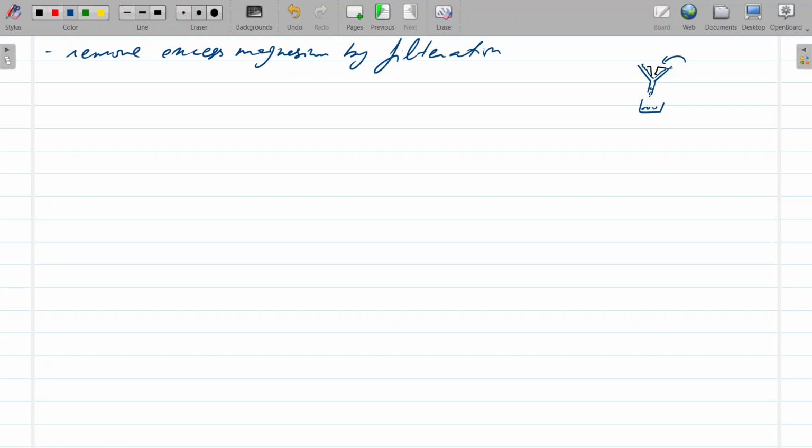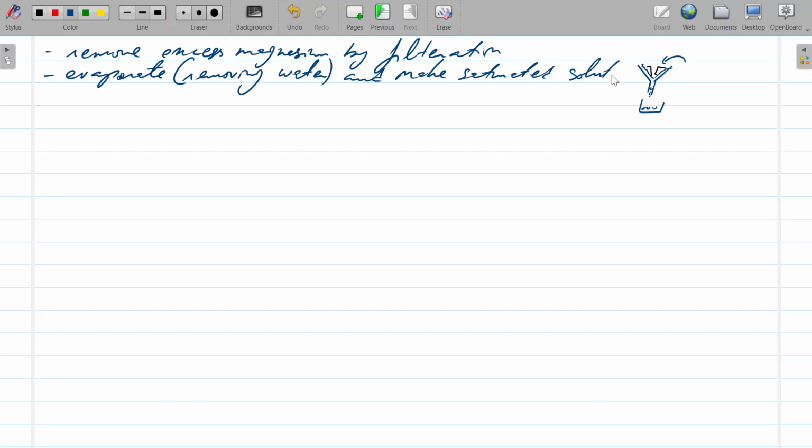So you filter it to remove the excess magnesium, and you evaporate. Basically you are removing the water. Evaporate and concentrate, or make a saturated solution of magnesium chloride.